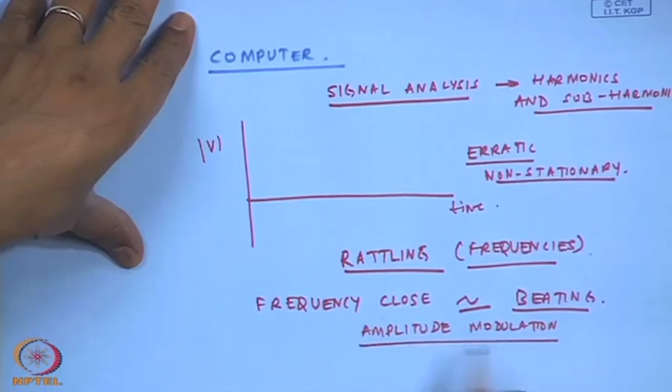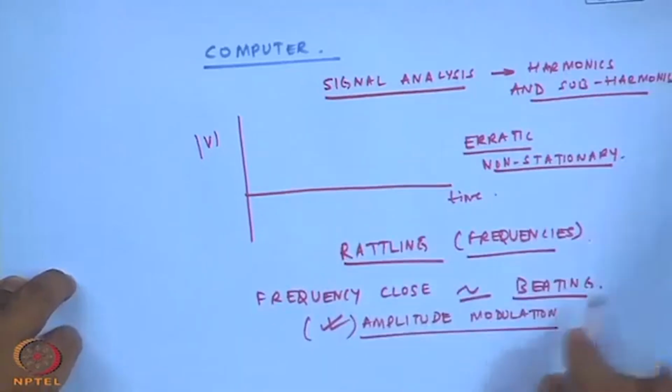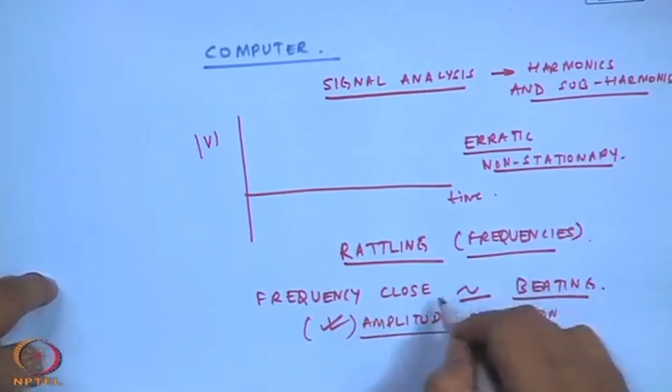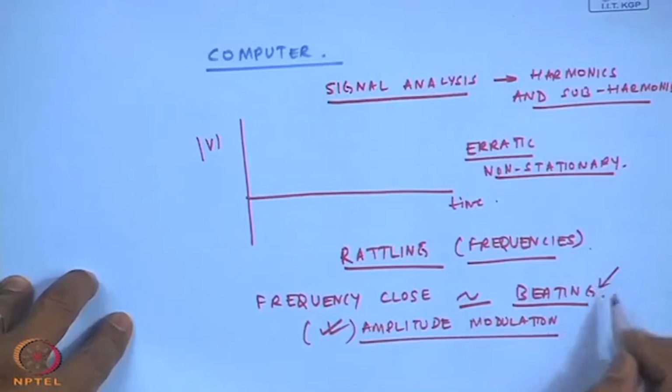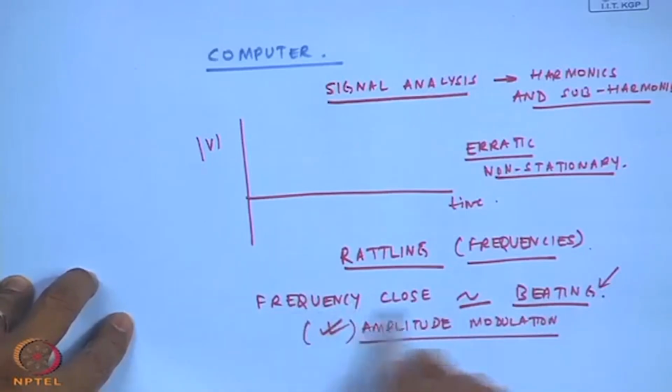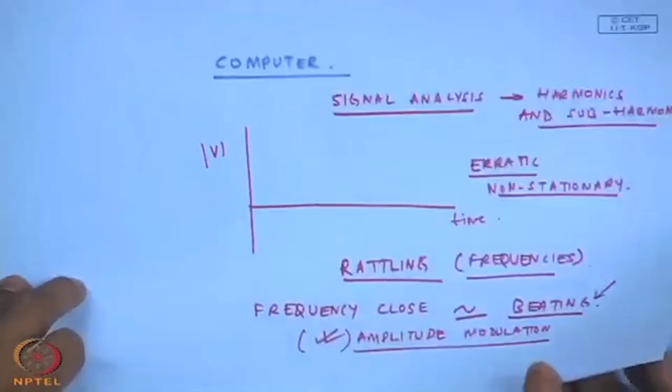Well, I will not have amplitude modulation, but the signals will look like amplitude modulation. And then, because they are all independent processes, these two frequencies which are rattling and close to each other will produce beats, and they will look like amplitude modulated signals.